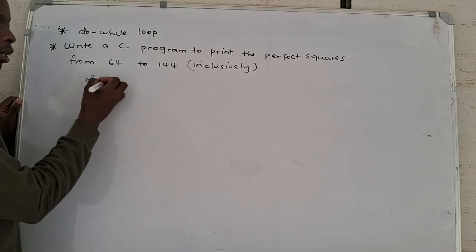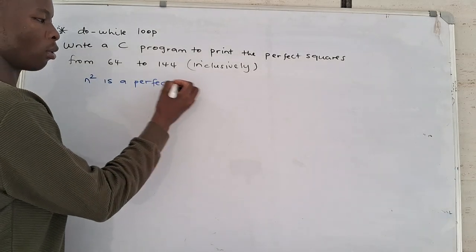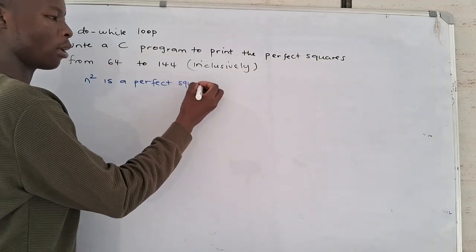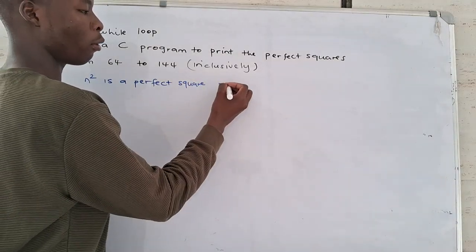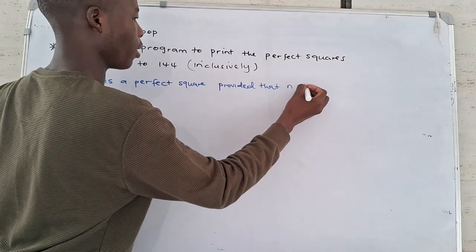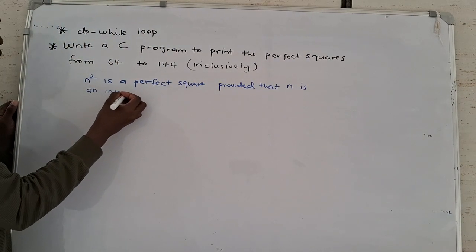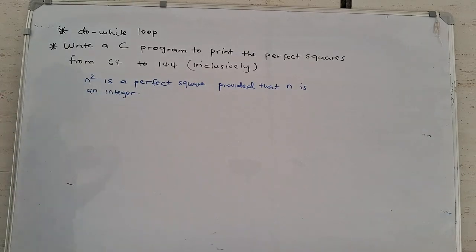n squared is a perfect square, provided that n is an integer.